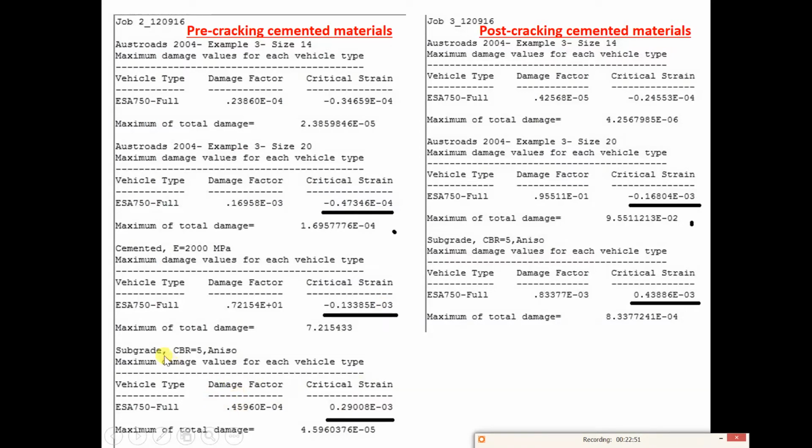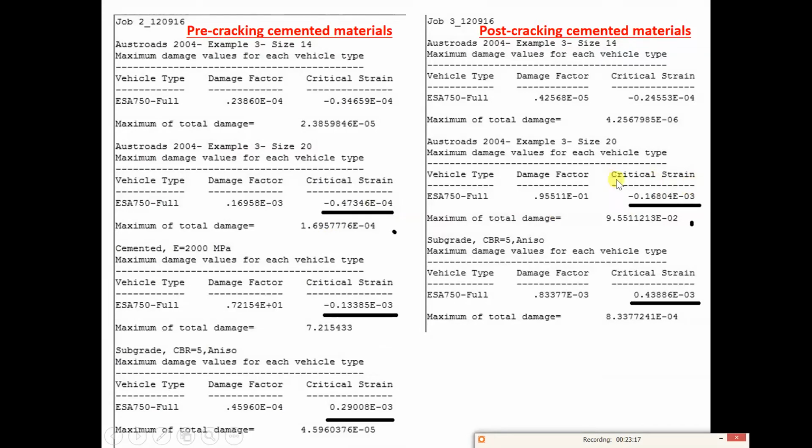And for the subgrade, these are deformations, so this value we need to multiply by 10 to the power 6 as well. This is for the pre-cracking cemented material and the post-cracking cemented material as well. So we got another value for the asphalt, another critical strain which is different from the other one.